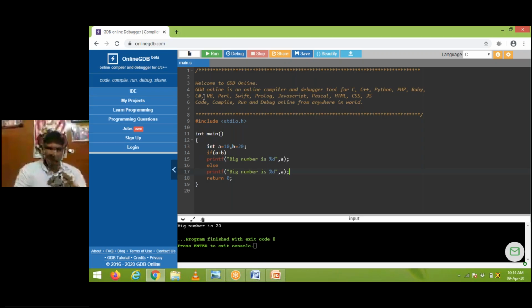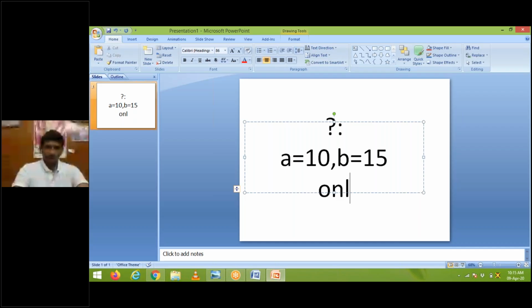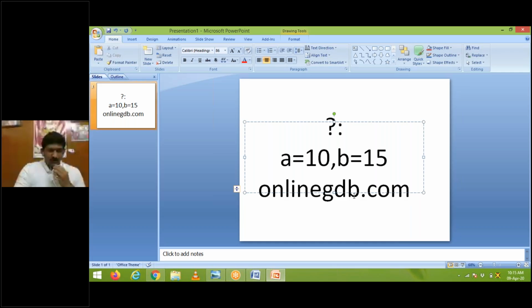So here I am using the website called onlinegdb.com. This website is an online compiler to run C, C++, Python or Java programs.